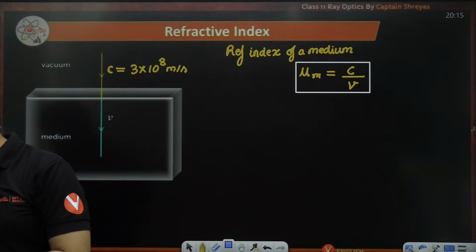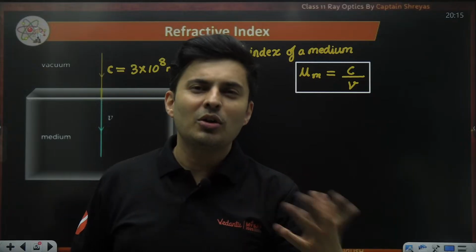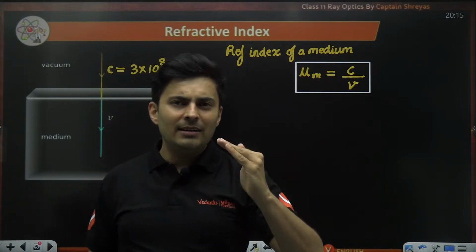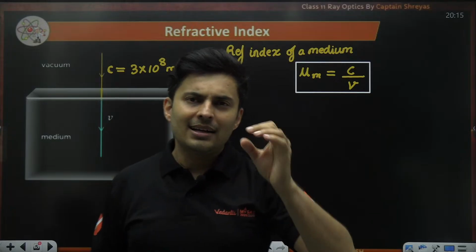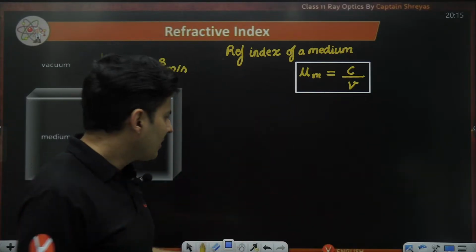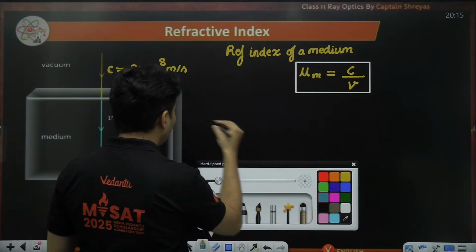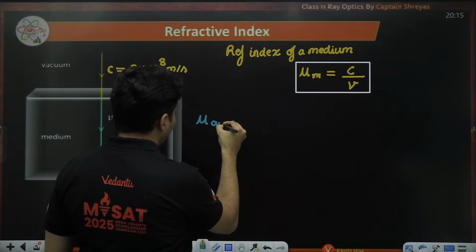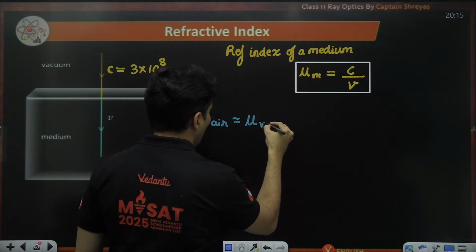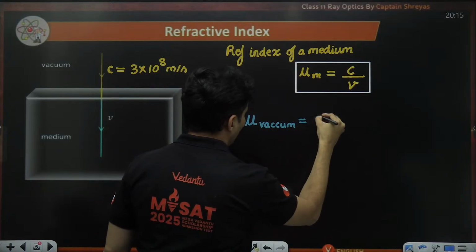So vacuum and air are the same? Not exactly. It's almost the same, but not the same. When light goes from vacuum to air, the light bends so little and the speed changes so little that the refractive index of air, we almost take it as the refractive index of vacuum, which is 1.